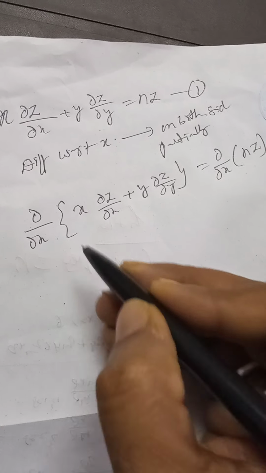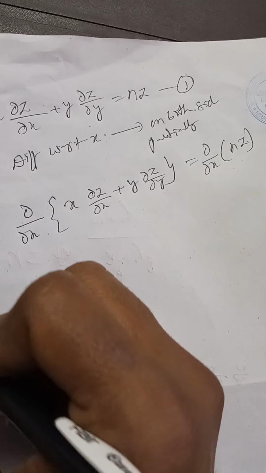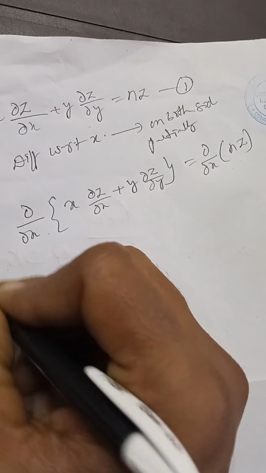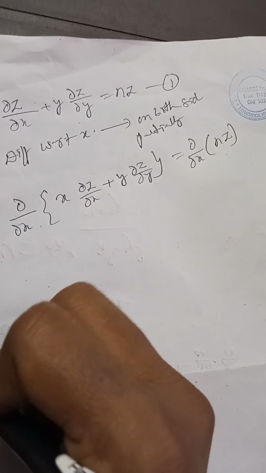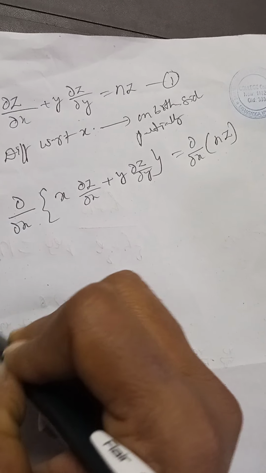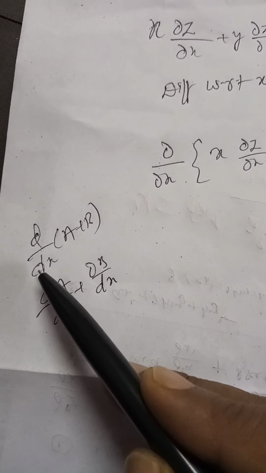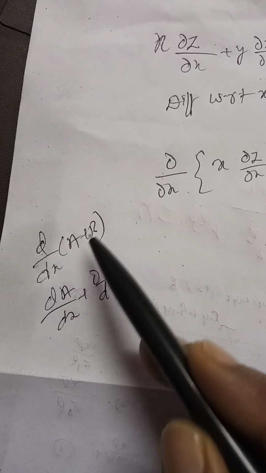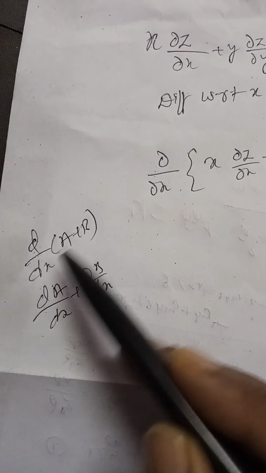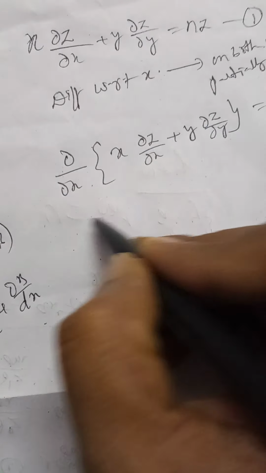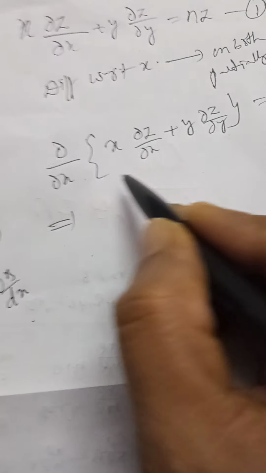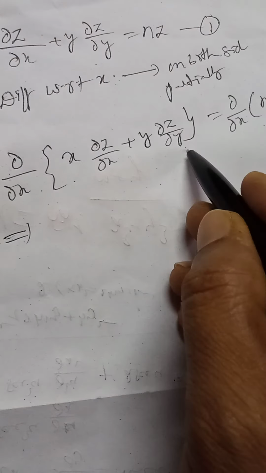Now this is differentiation of a plus b, which can be written as dA/dx plus dB/dx, simply by the distributive property. Now I am distributing this differential operator to the first term as well as the second term.